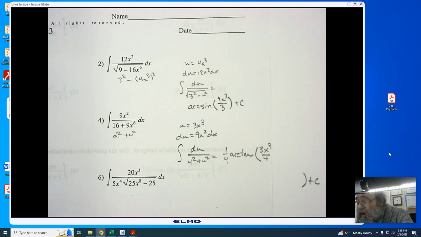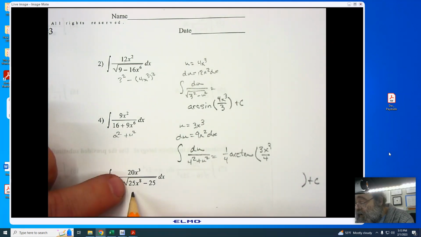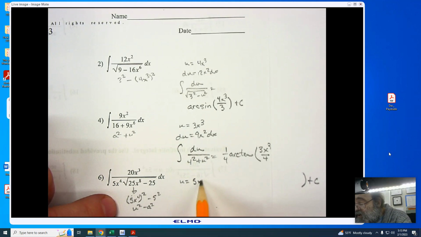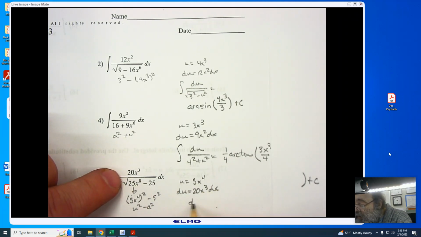Now you'll notice they go along very quickly. This one right here, we have our u squared. So we're looking at 5x to the 4th, the quantity squared, minus 5 squared. This is our u squared minus a squared, an arc secant. If we let u equal 5x to the 4th, then we have a du, which is 20x cubed dx. That means our du is on top.